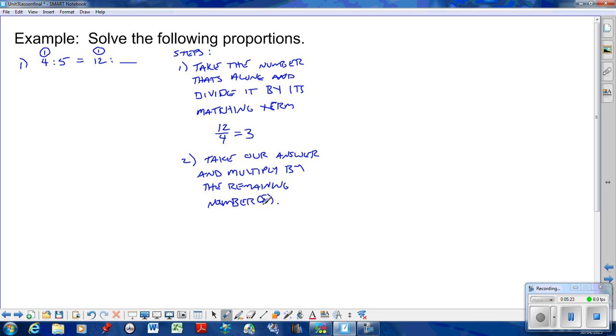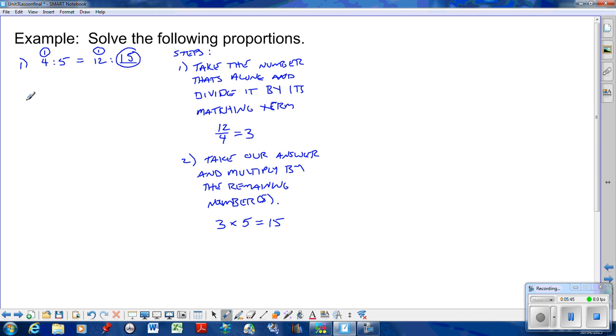So we take our answer, 3, and multiply by our remaining number, which is 5. We multiply 3 by 5 and we get 15. So our answer in the ratio would be 15. There's our answer to that particular one.